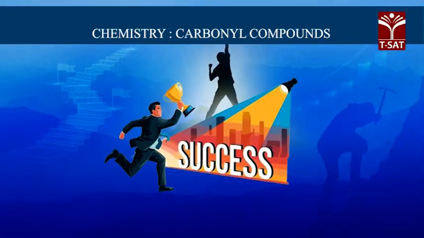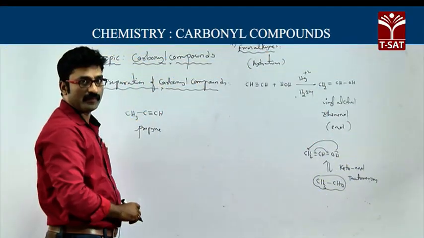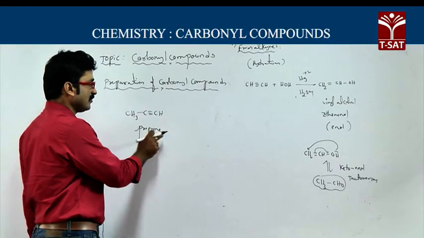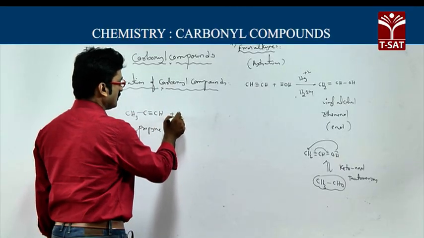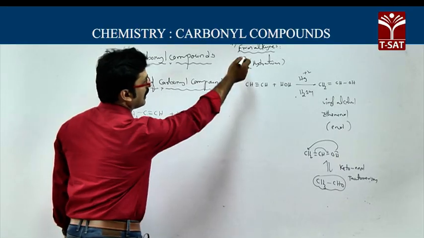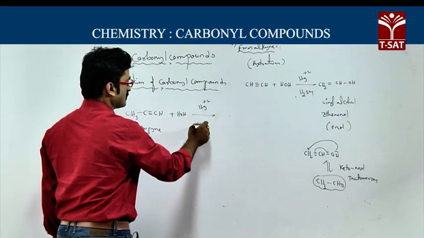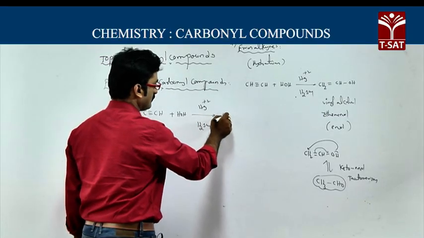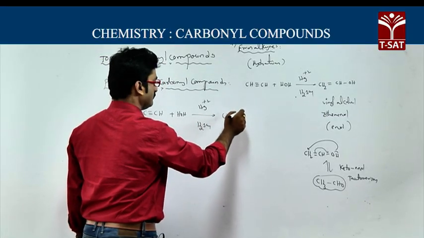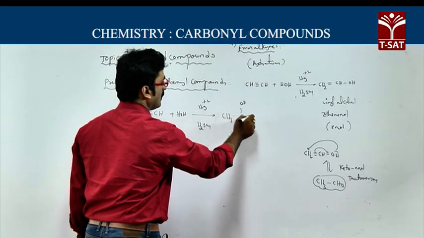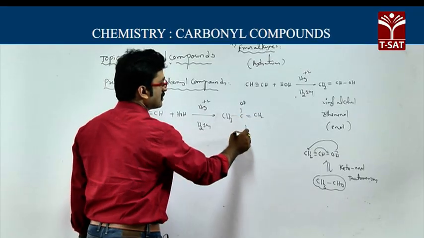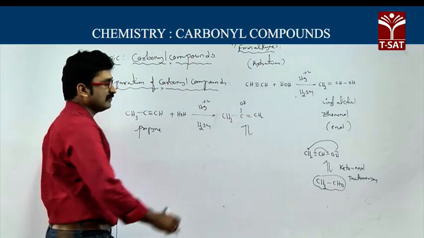Now the next, propyne, 3 carbons are there, triple bond is there, propyne. Propyne on reaction with water, called hydration, in the presence of Hg2+ and H2SO4, here you will get CH3C(OH)=CH2. This undergoes keto-enol tautomerism.